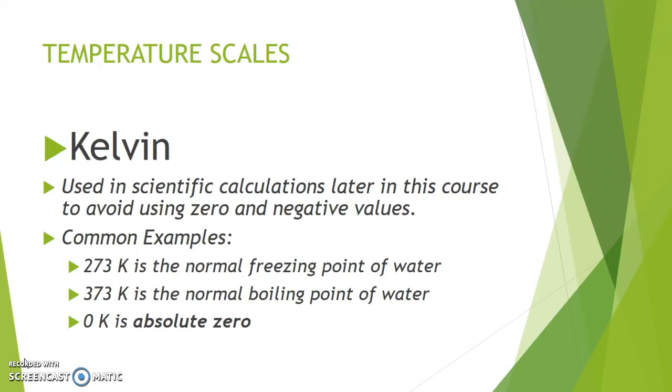So the normal freezing point of water is 273 Kelvin, and the normal boiling point of water is 373. Notice there is no degree symbol before the K. Something else that we're going to look into later at the end of this lesson is what is called absolute zero. It's 0 K. Scientists have determined to just use 0 K as the lowest possible temperature and then go up from there.